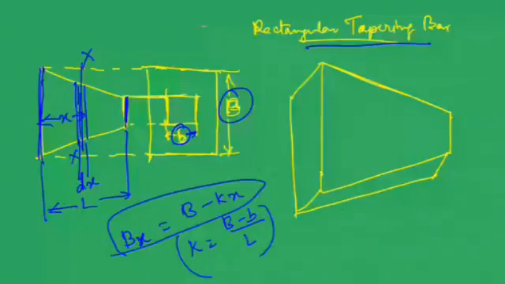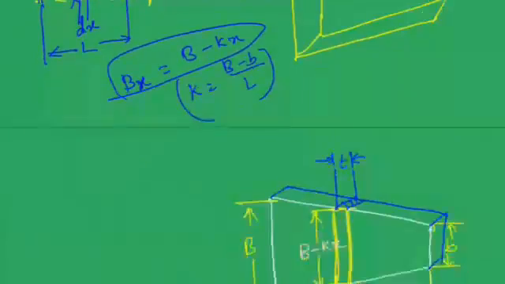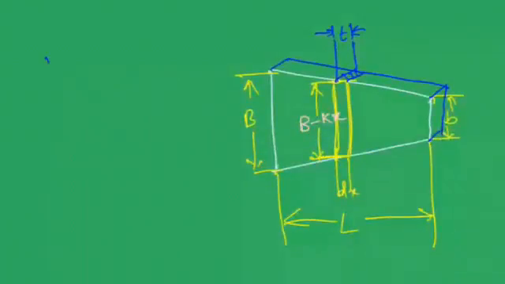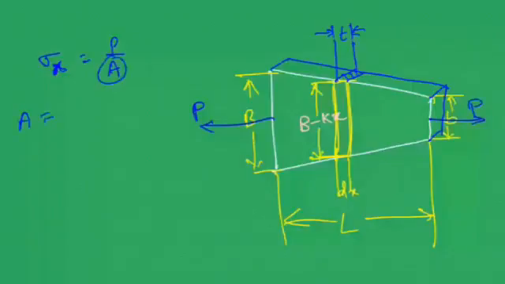Next we have to find the stress for this section. The stress for this section, since this is section x, I can write as sigma x. This will be equal to P by A, where I'm applying some force P here, and the area A will be equal to the breadth into the thickness.